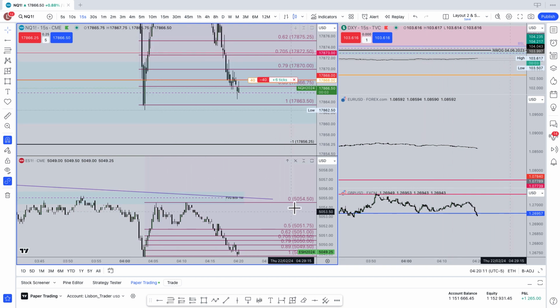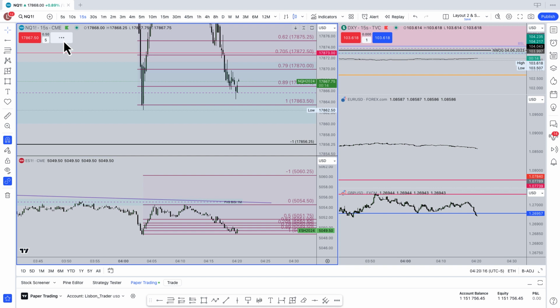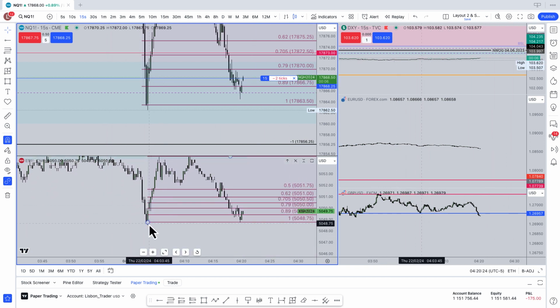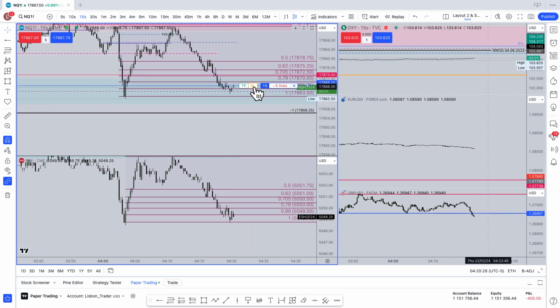Putting this at break even, there's a risk of reversal at these levels. Yeah. See what they want to do. It's a nice spot to push price higher.